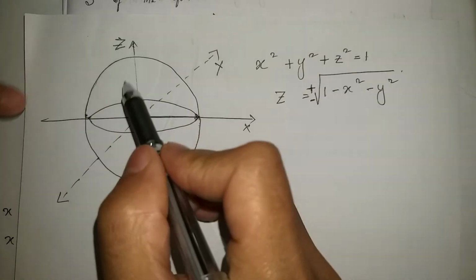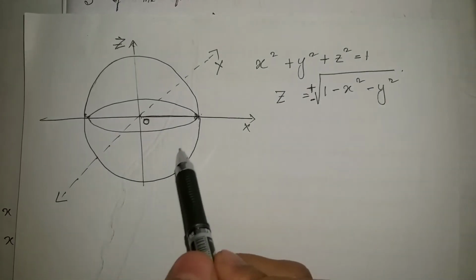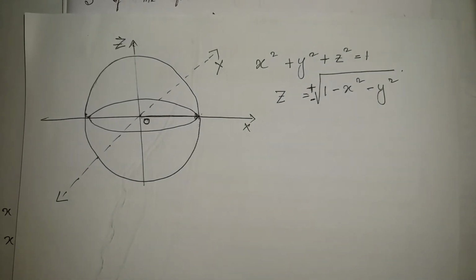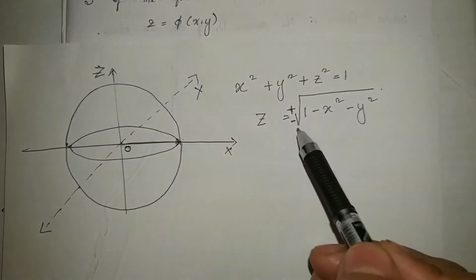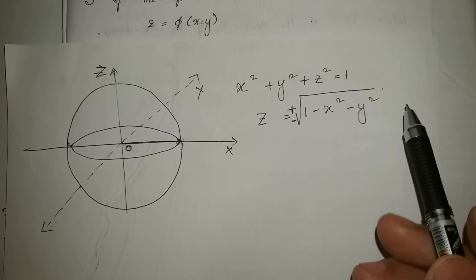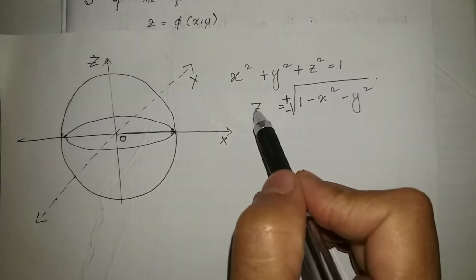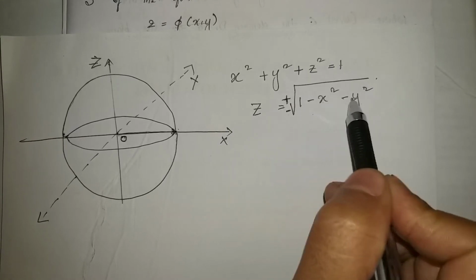The upper one will have to take the positive sign, and the lower one will have to take the negative sign. So this function phi is this one. Okay, so here z is fully expressed in terms of x and y.